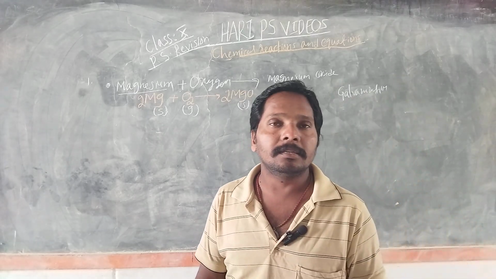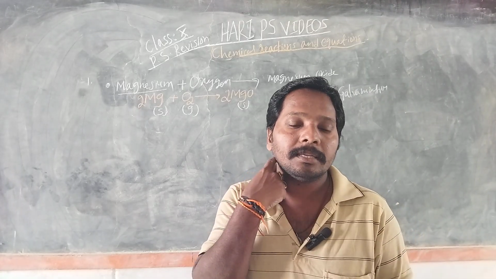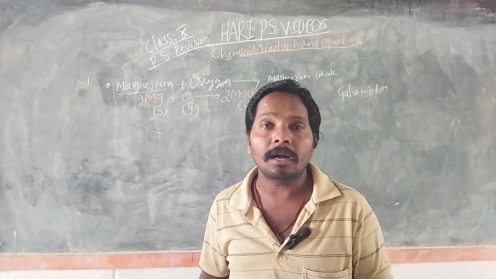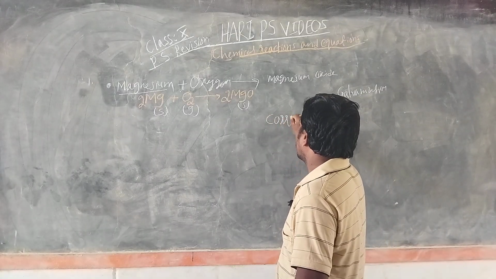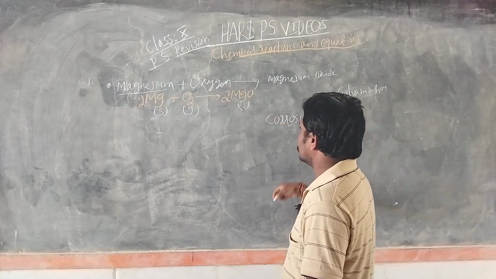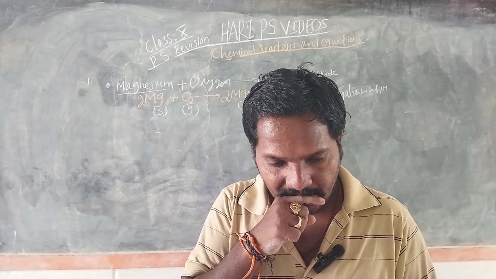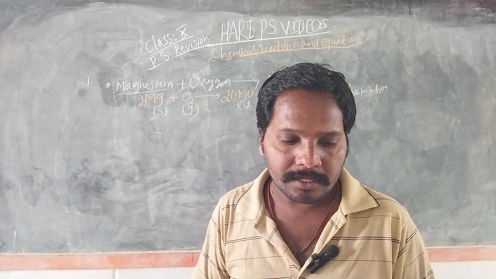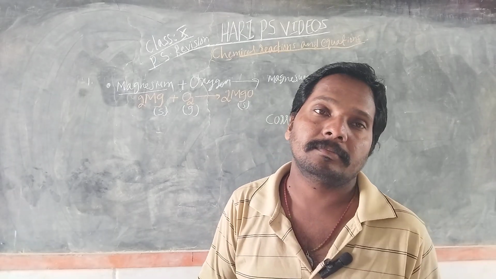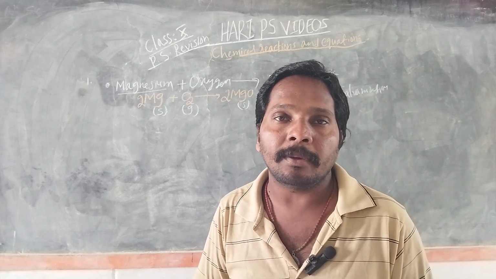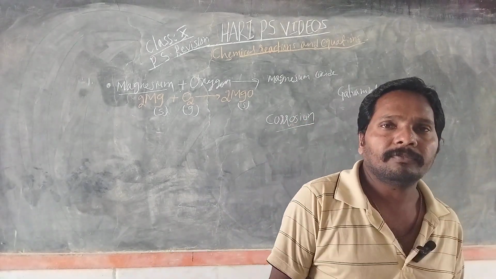We can call it corrosion. Then, what is the main cause of damage to objects made of iron? Why are the iron objects damaged? Because of corrosion.